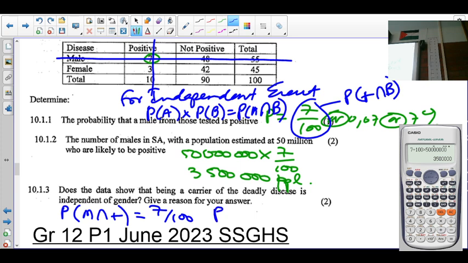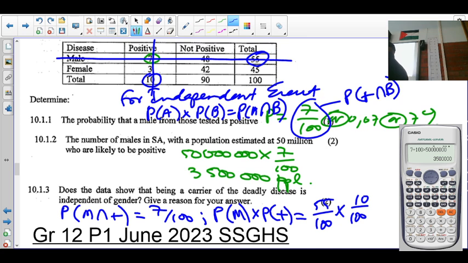So let's see what's the probability of male times the probability of being positive. The probability of being male is 55 over 100 multiplied by the probability of being positive, which is 10 out of 100. So if this answer is also 7 over 100, then they are independent.